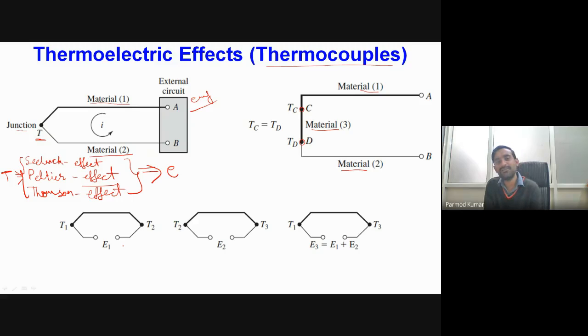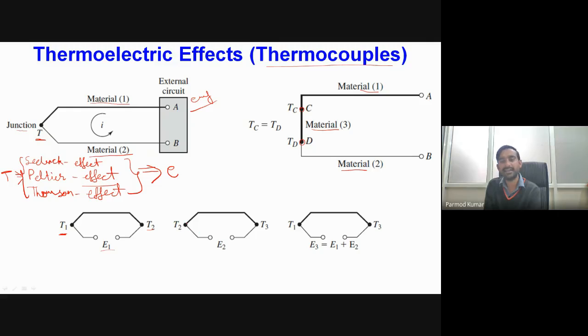Okay, now one thing is considered over here. For example, suppose we have two bimetallic wires. One wire is shown over here, this thick normal line, and another wire is this thin wire. Now, if we have two junctions, let us consider that the first junction has temperature T1 and the second junction has temperature T2, and from this arrangement we get output voltage E1.